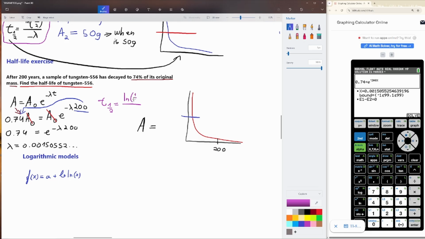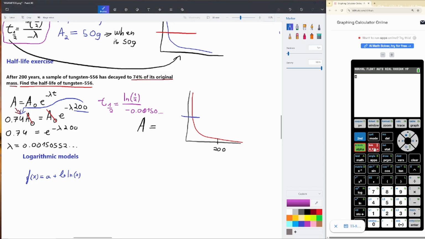of 1/2 divided by negative, and whatever this number is, I'm going to write it all out, and then you simply go to your calculator.